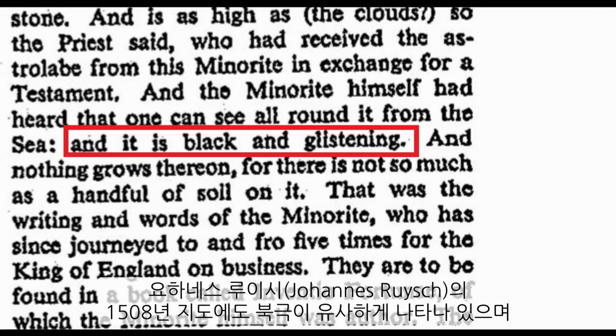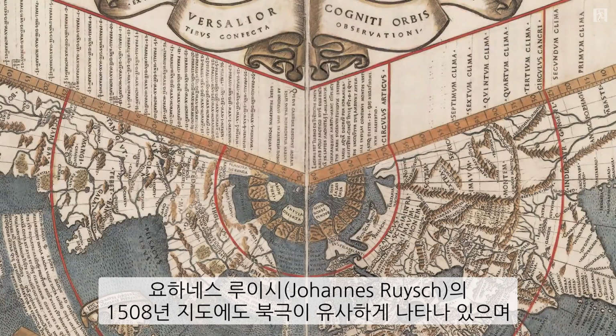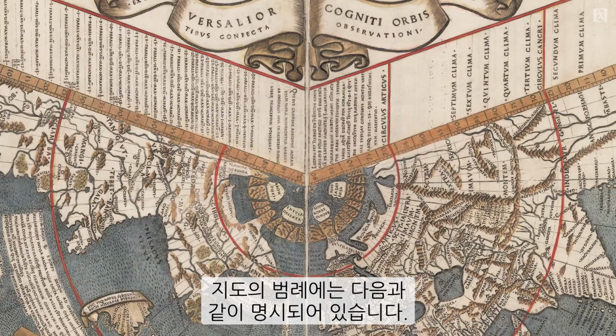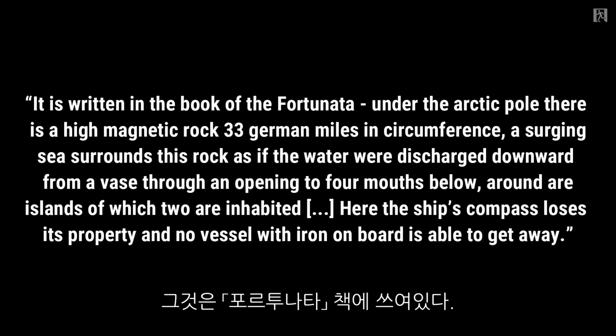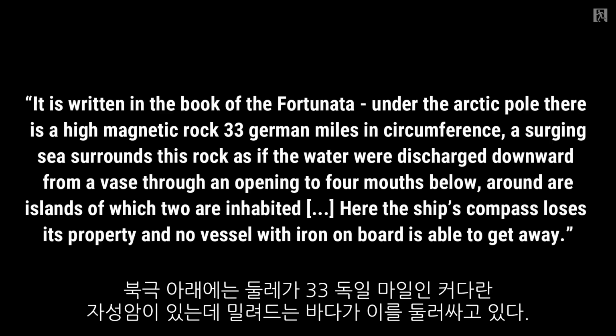In Johann Rouche's 1508 map, the North Pole is represented in a similar manner, and the map's legend states, "It is written in the Book of the Fortunata, under the Arctic Pole there is a high magnetic rock, 33 German miles in circumference.